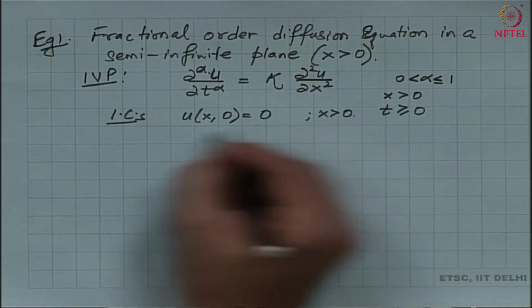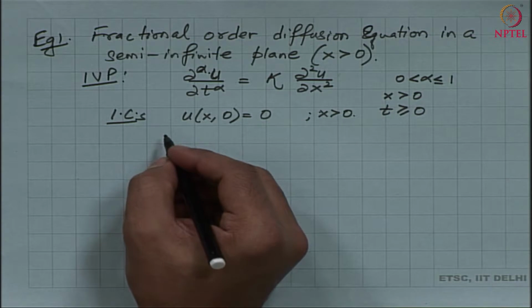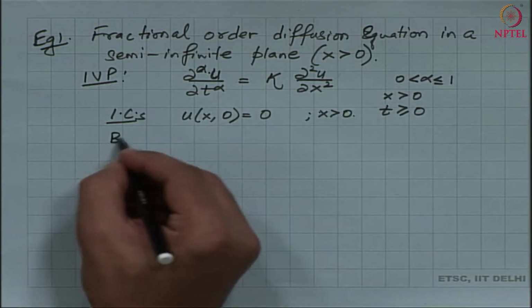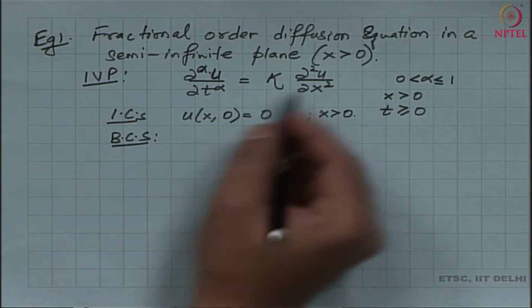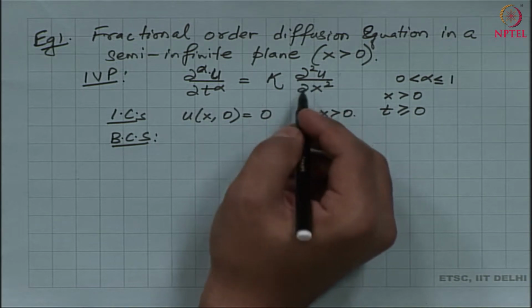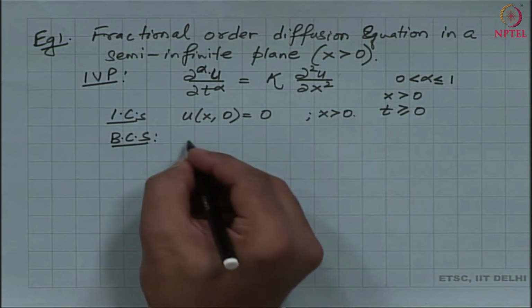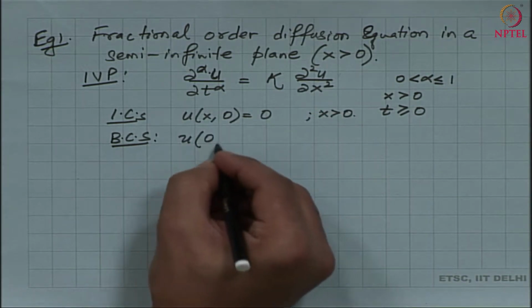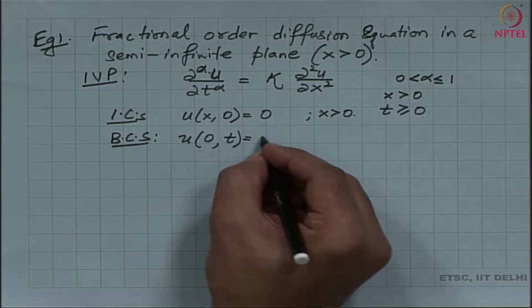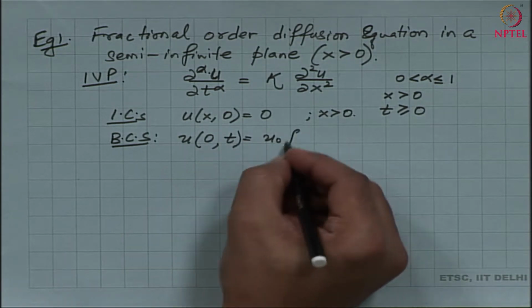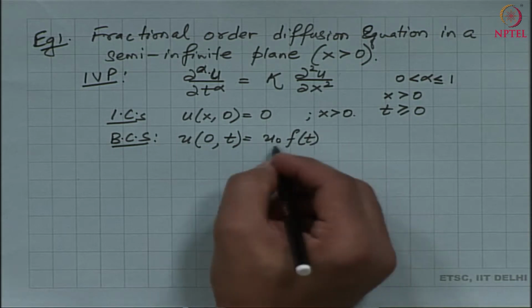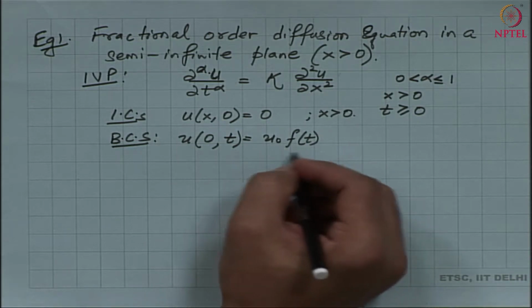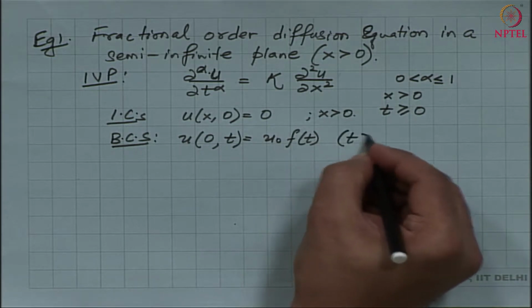Positive in the entire domain. Second, I need two boundary conditions for this second order PDE in space. The first is that the solution at 0 comma t is given by u naught f of t. So, I specify a particular function on the plate, for all values of time.